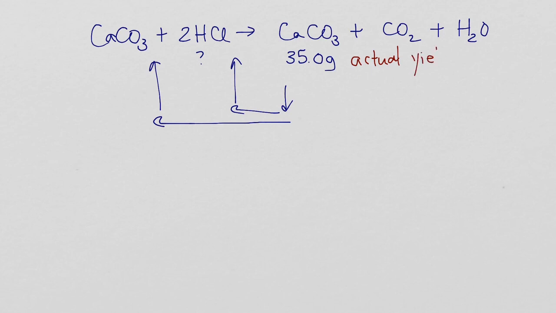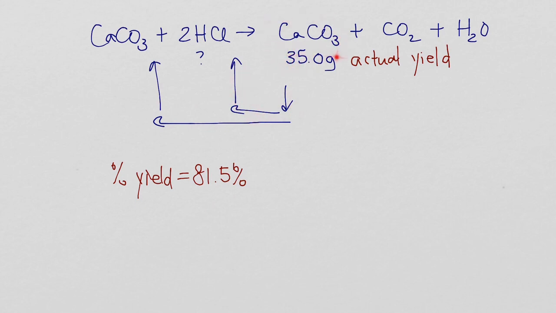Why is this important? It's because our percent yield is 81.5% from question A. So if you want to make 35 grams of it, in your calculations, you should account for the fact that some of this reaction is going to go to waste. 18.5% of this reaction is not going to make product.